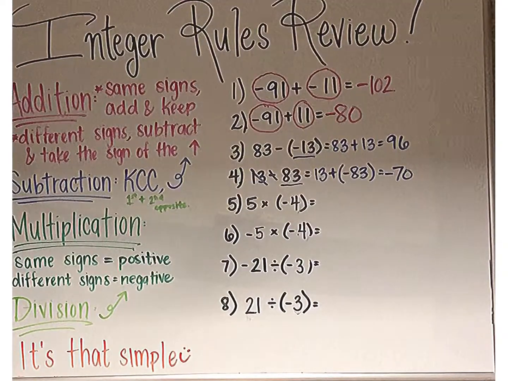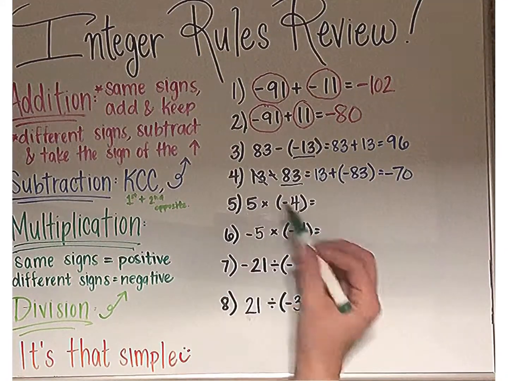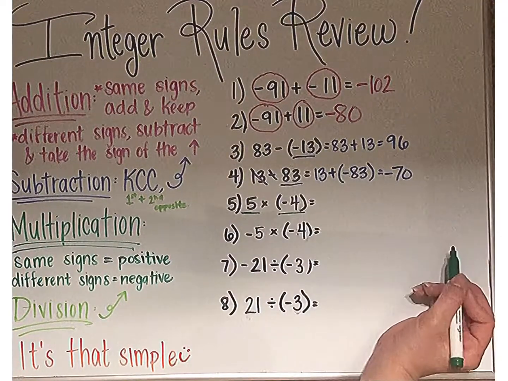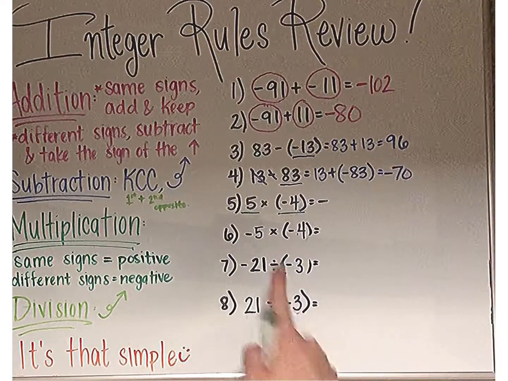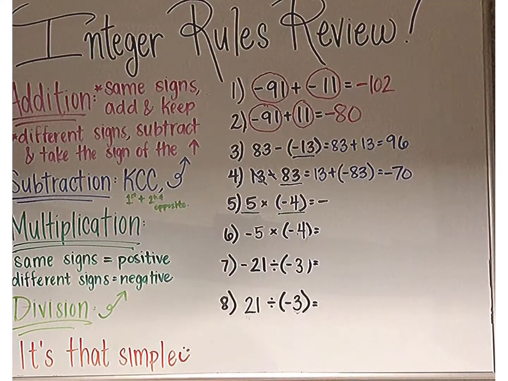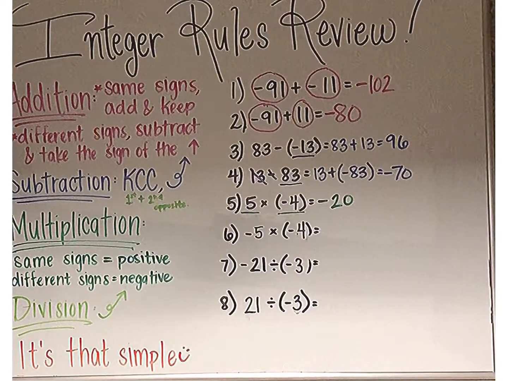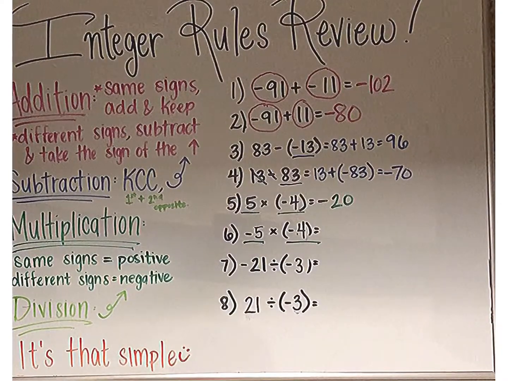Looking at multiplication, all we have to think about before just multiplying is, do we have same signs or different signs? Here we have a positive 5 and a negative 4. Different signs mean our answer will be negative. And then we just do 5 times 4, which is 20. Here we have negative 5 and negative 4.